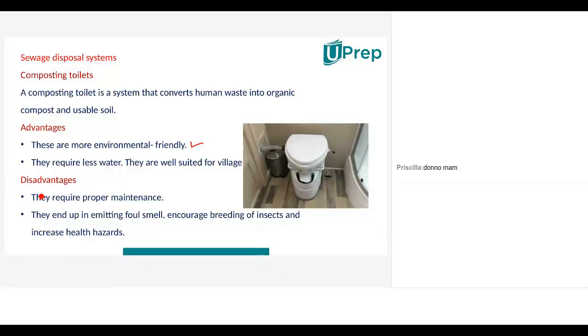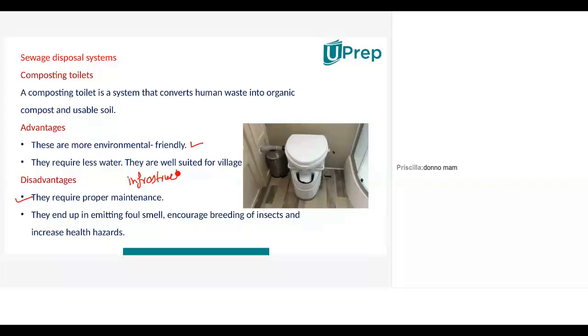Now, there are quite a few disadvantages, out of which, it requires proper maintenance, right? Because there is very little chemical intervention here. The most that is required is the infrastructure part.